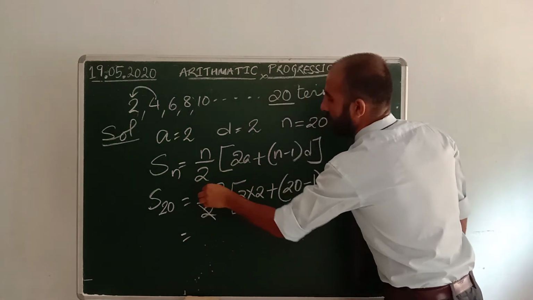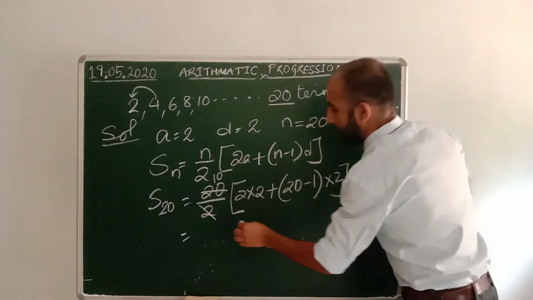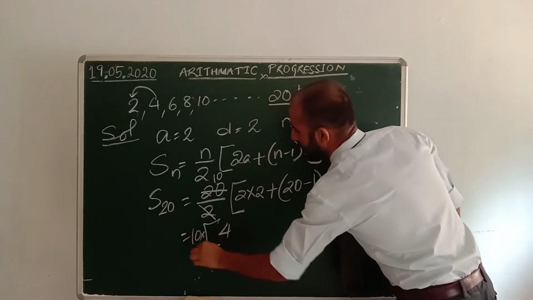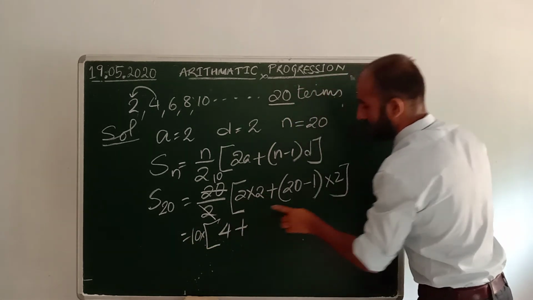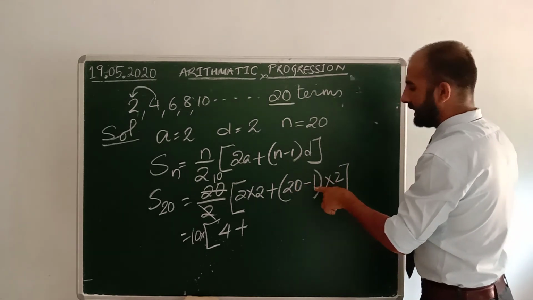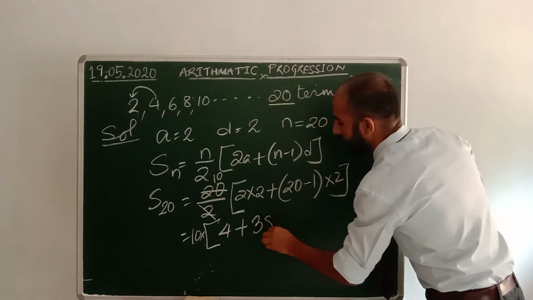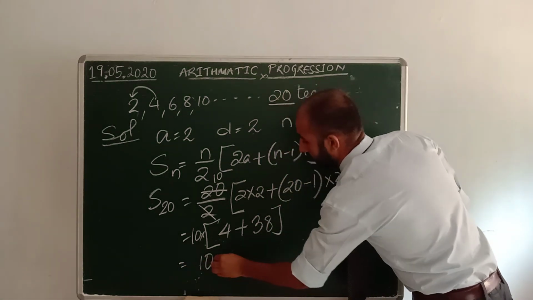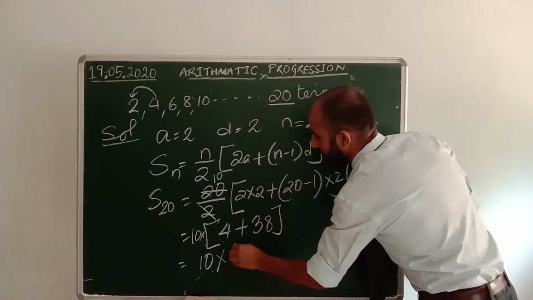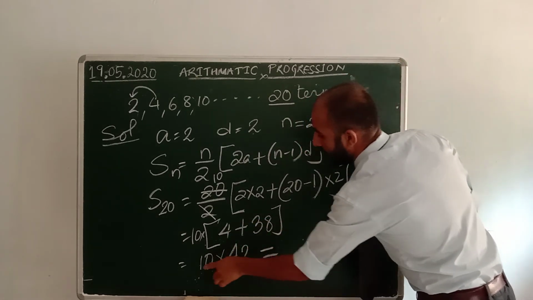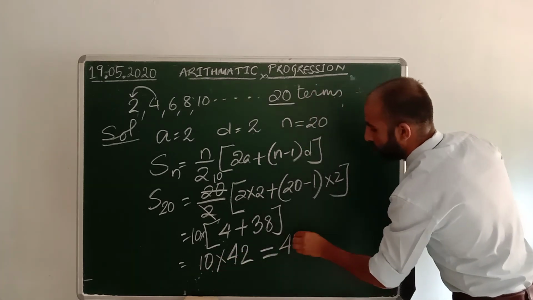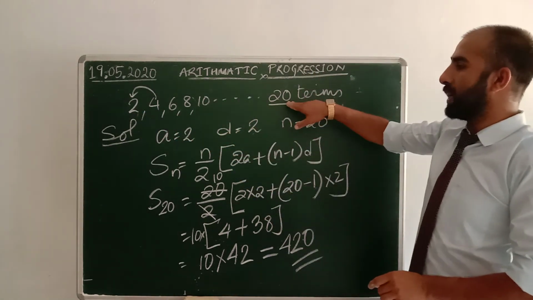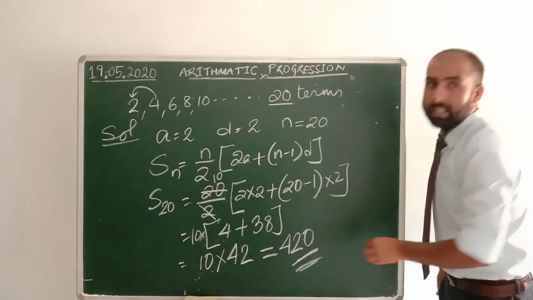Let's cut: 2 10s are 20. 2 2s are 4, and 10 stays out here. 2 2s are 4 plus 20 minus 1, that is 19; 19 2s are 38. So 10 into 38 plus 4, that is 42. 10 into 42 will give you 420. That means the sum of the first 20 even numbers is 420.